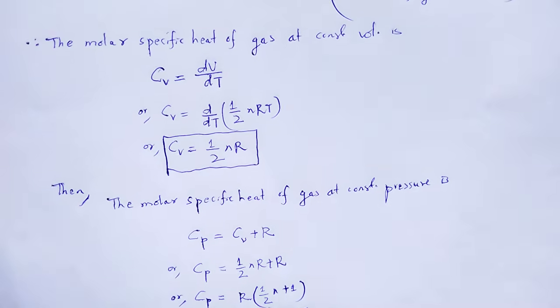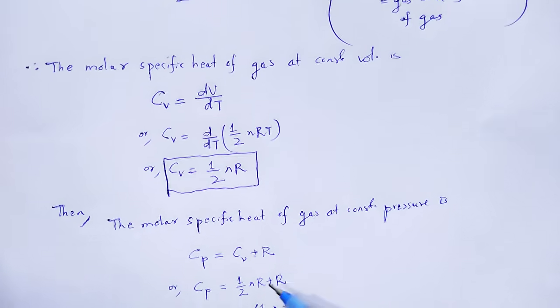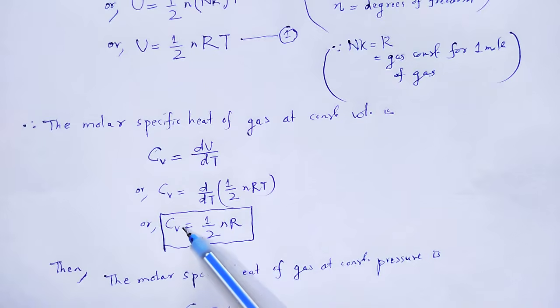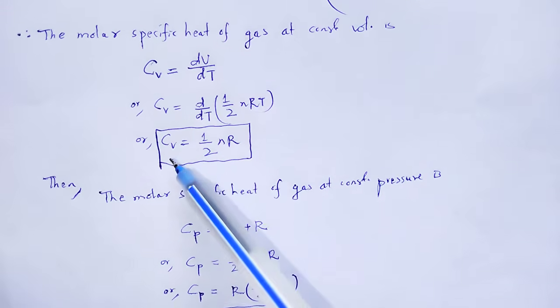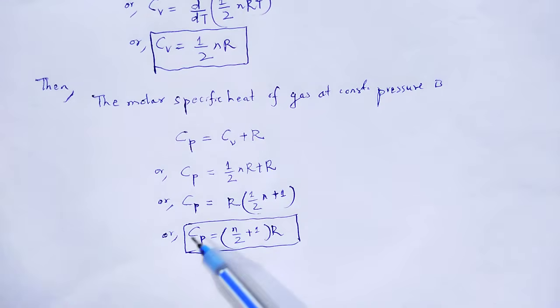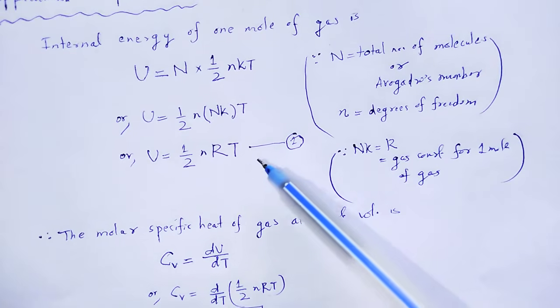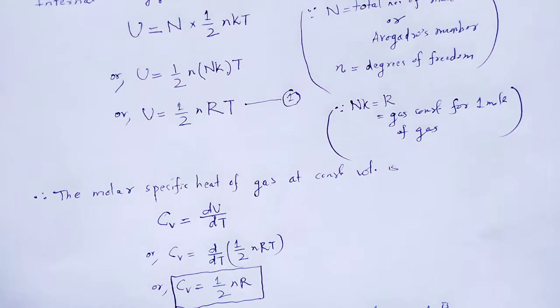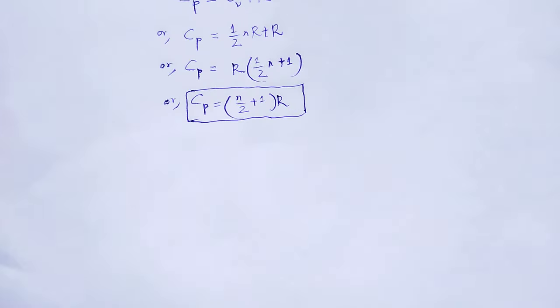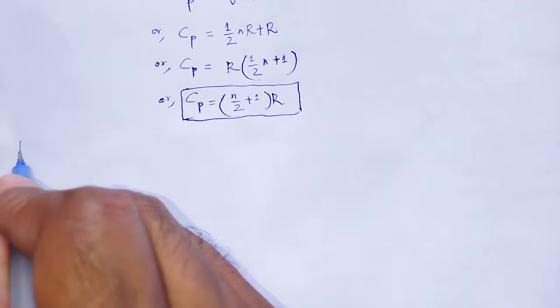Now, we have calculated the specific heat of gas at constant volume and the specific heat of gas at constant pressure by using the law of equipartition of energy. So, what will be the limitations of that for specific heats of gases?